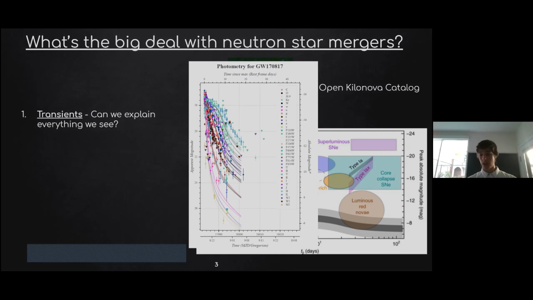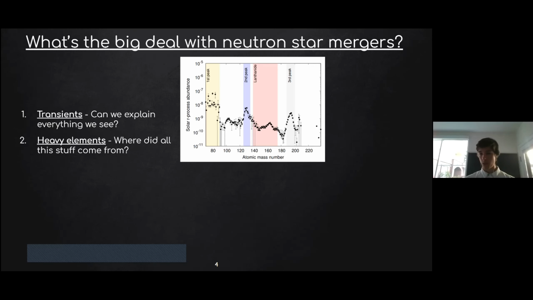The second major thing that they're involved in is trying to understand the origin of all the stuff around us. So we're commonly told that we are all made of star stuff, and what that's commonly interpreted as is core-collapse supernovae explode and send a lot of this star matter, iron and calcium and oxygen, all these other things, out into the galaxy to be reprocessed into new stars and planets.